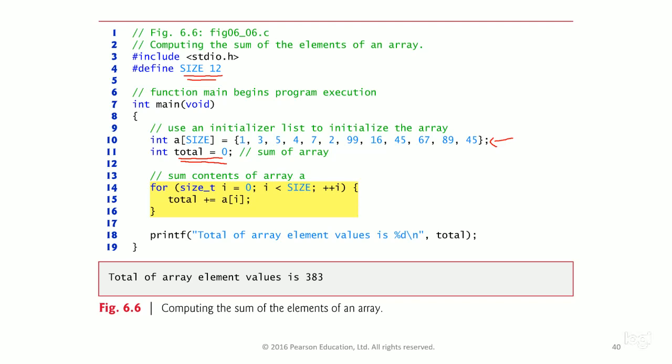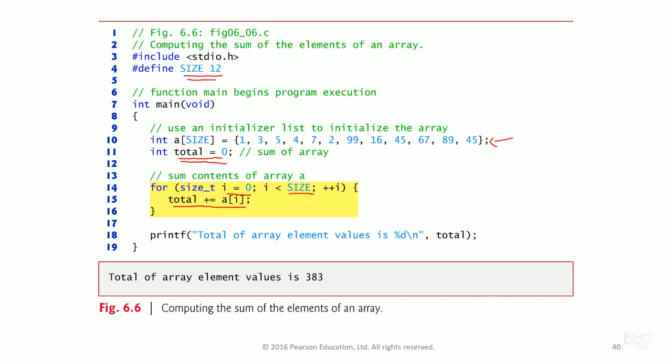So start at index 0, go to the final index, which is 1 less than the size, and at every iteration of the loop you are accumulating the values. So you are taking the value of the array at the current index i and adding that to the variable total.